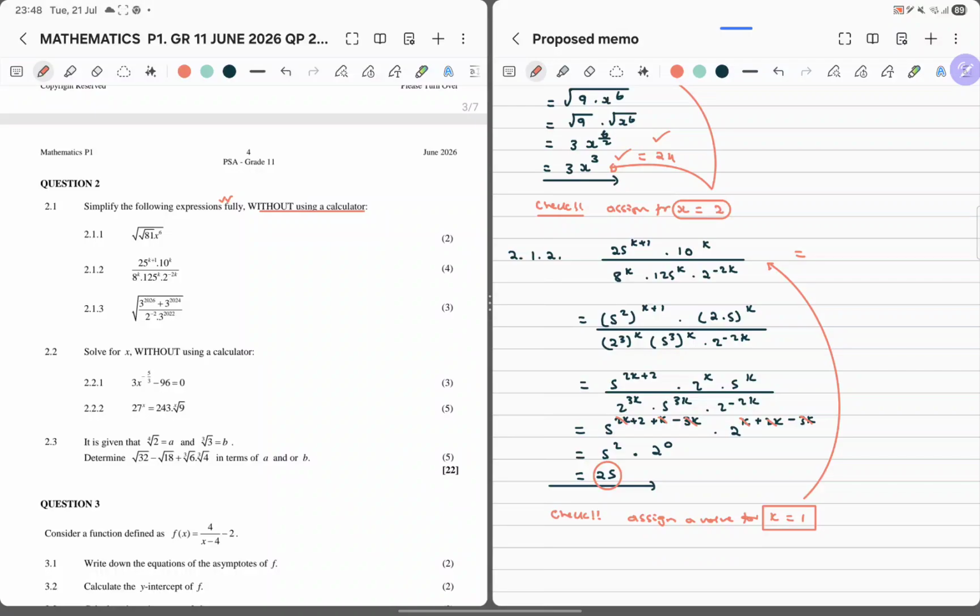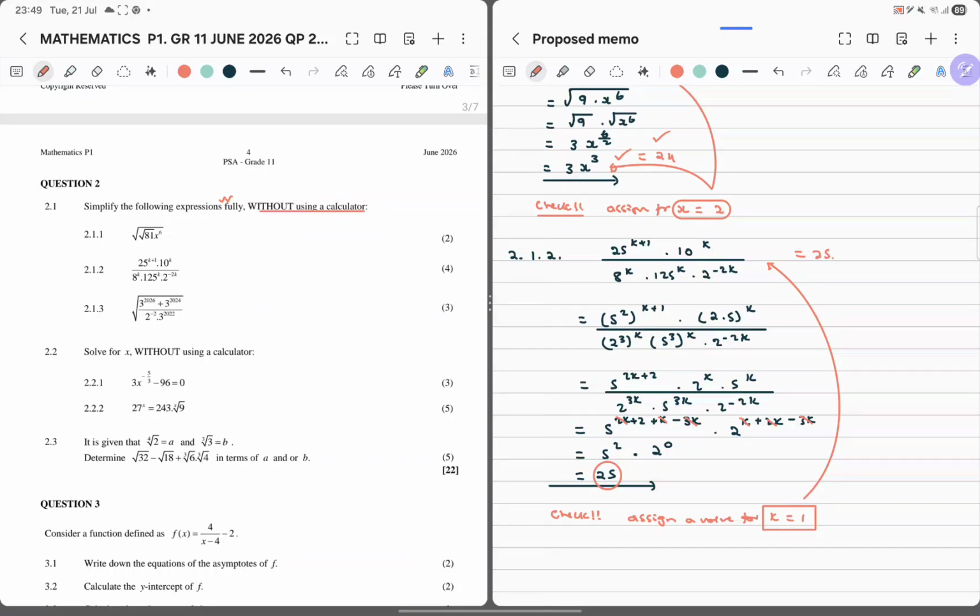Again, it's just 8 into 125. Exactly 125 alone, into 2 to the exponent minus 2. Right. I'm getting 25, so it means our simplification is excellent.